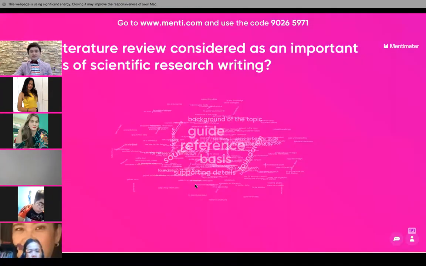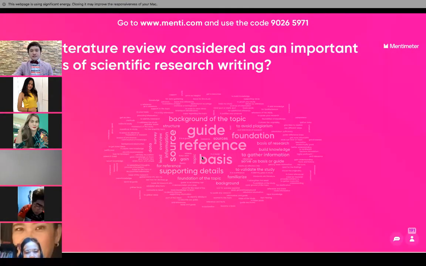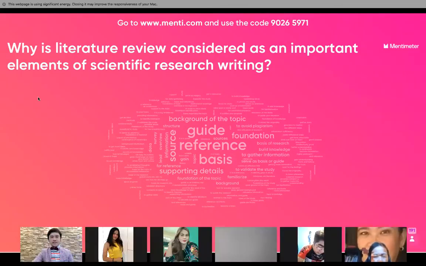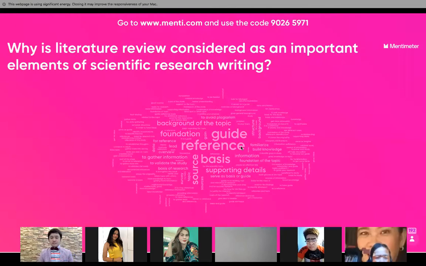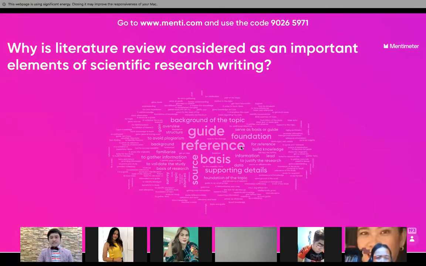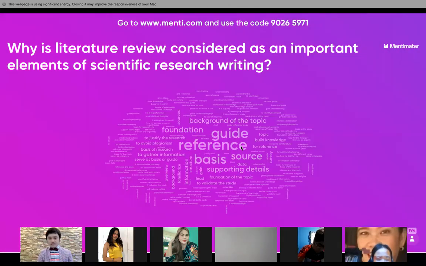And so, the literature review is considered an important element of scientific research writing because, first of all, malaki ito, tama to, itong malaking word na to, that your literature is your reference. Take note that whatever you write in your paper, it must be evidence-based. And it is evidence-based when there is a reference. So take note of that, dapat may reference.